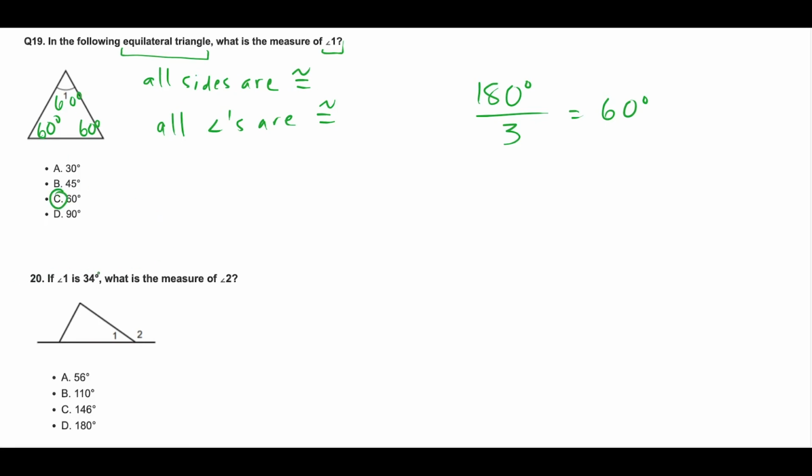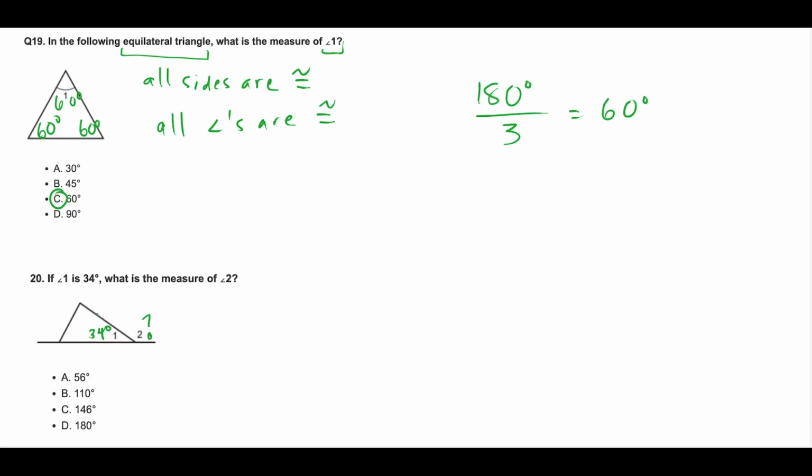Now in question 20 here, we have angle 1 is 34 degrees. So I'll put 34 degrees over here by angle 1. And we want to know what is the measure of angle 2. Well, one of the concepts you need for this is that on a straight line, the sum of the angles is 180 degrees.